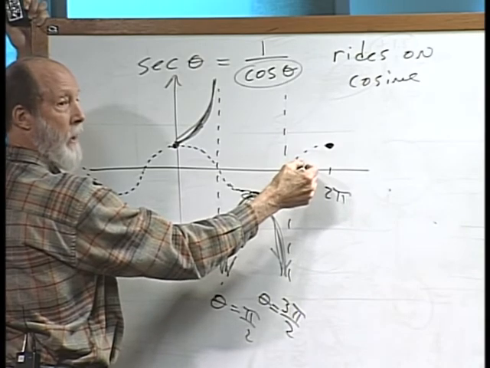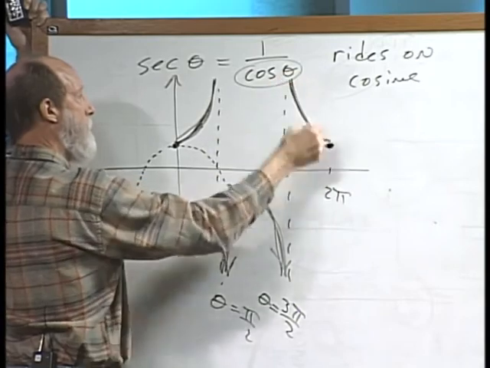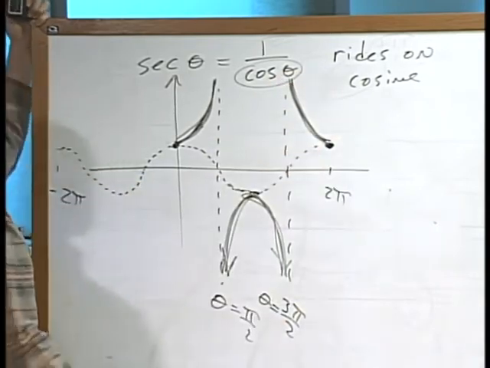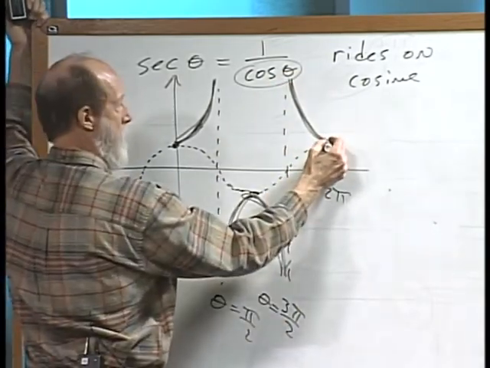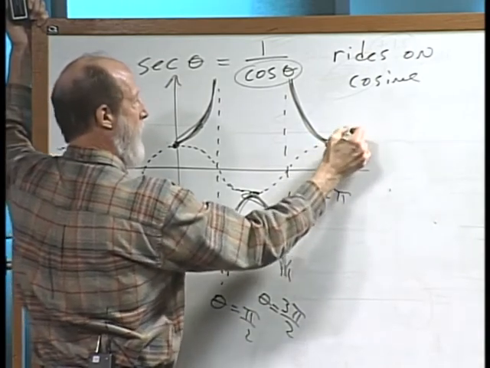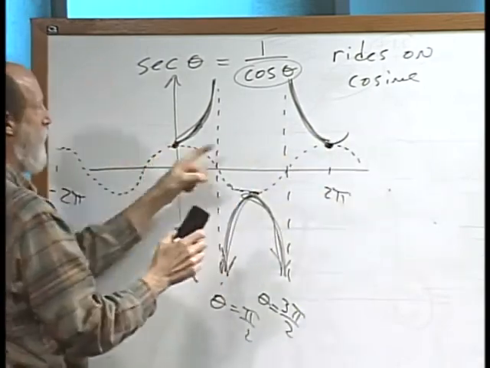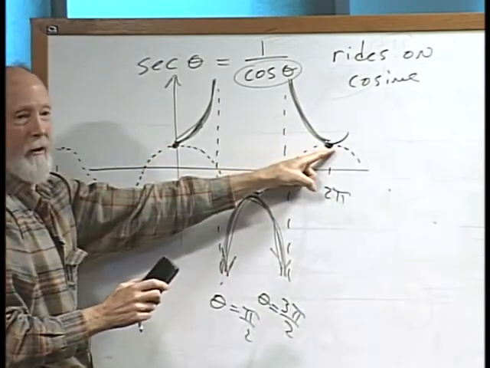Reciprocals of those become bigger than 1. And so the graph looks like this. Then what happens after 2 pi? Where does it go? Back up, doesn't it? Okay, so do you see that the behavior starts repeating itself right there?